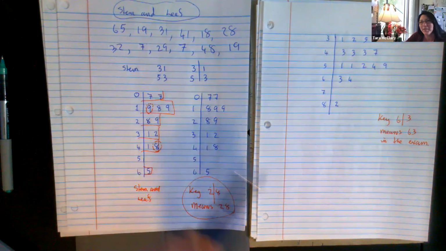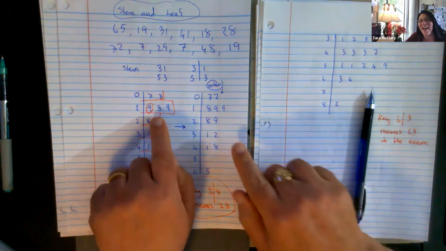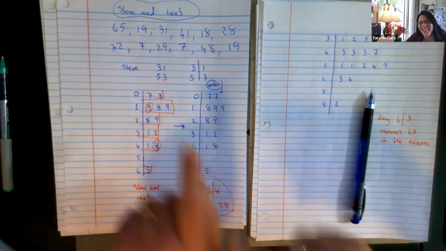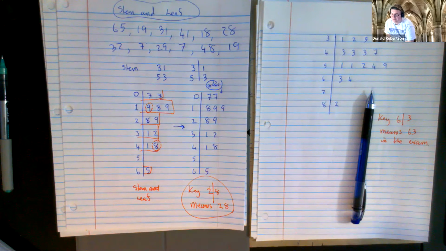So I have this data that became this stem and leaf, and then it turned into this stem and leaf. It's the same data. The only difference is I put them in order here. Oh, okay. So that's all that the difference between from here to here was.